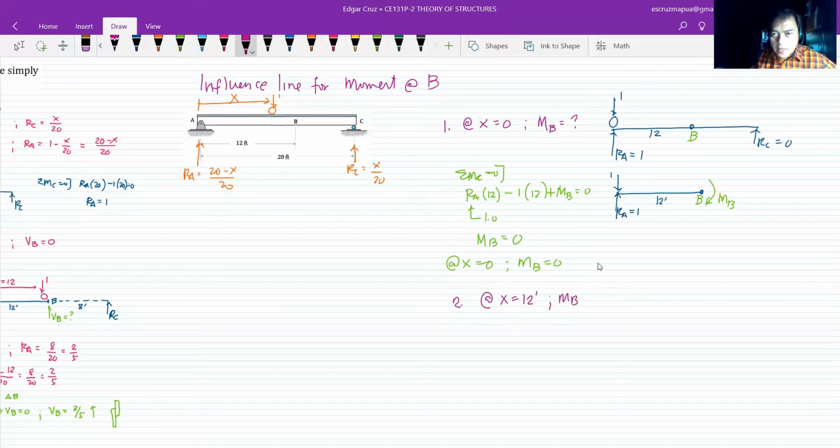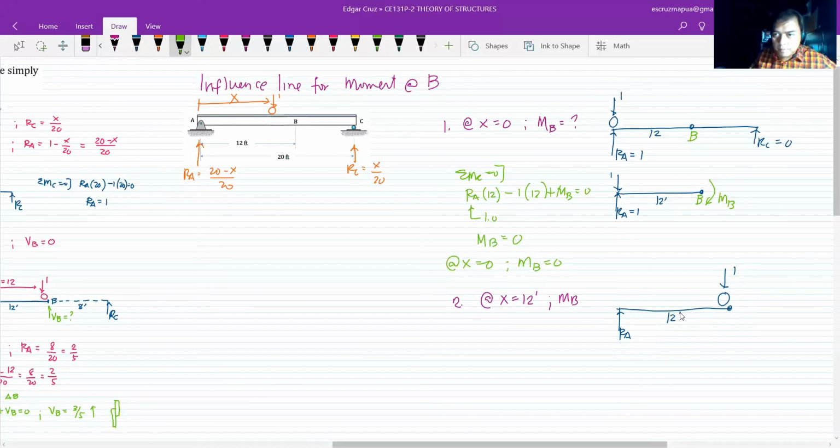Okay, so isolate natin. So iputulin ko na yung beam. So ito yung RA. So kapag ang unit load is nasa 12 feet. So ito yung point B. Point B. So ano yung moment daw doon? MB. Okay, so ano yung RA natin muna?